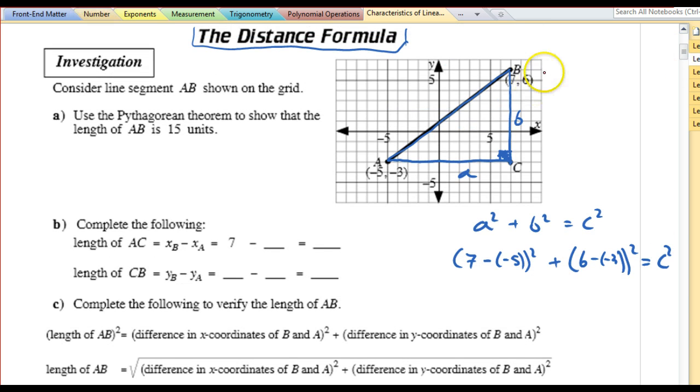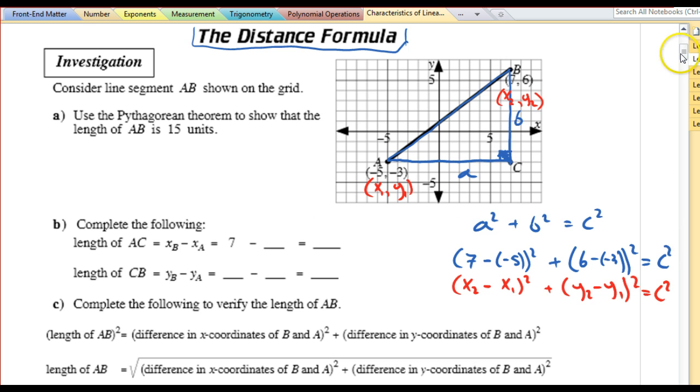Really what I've done here, if you want to label these coordinates, I can label this coordinate as x1 and y1, and I can label this one as x2 and y2. It's just another way of labeling the coordinates. So what I've done here is (x2 minus x1) squared plus (y2 minus y1) squared equals c squared.